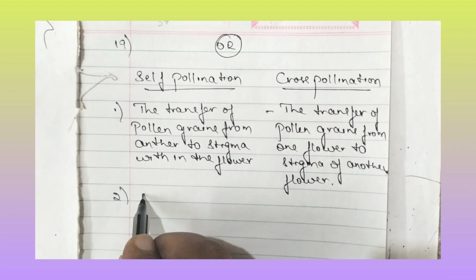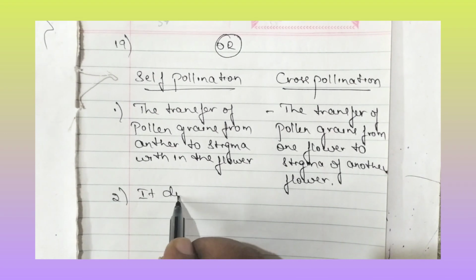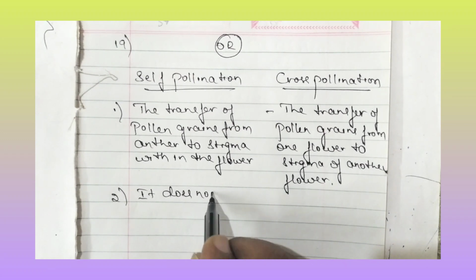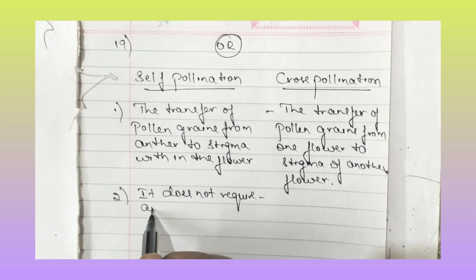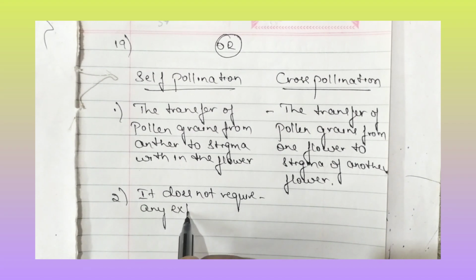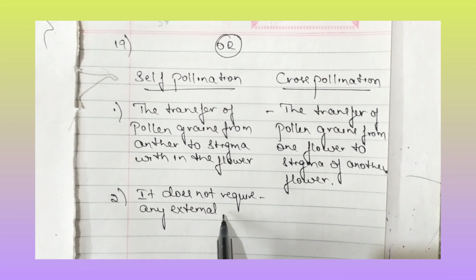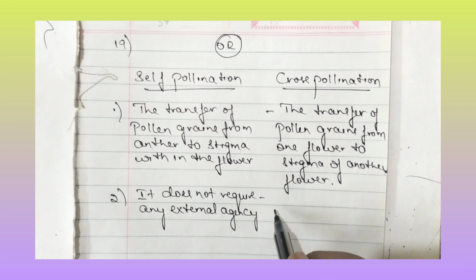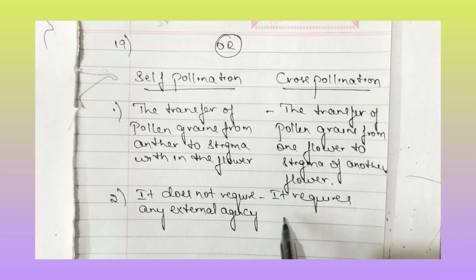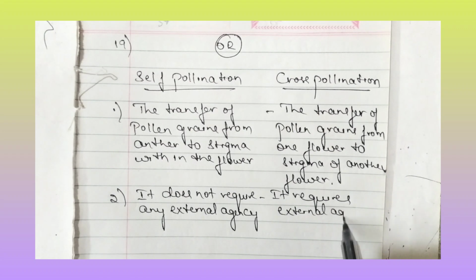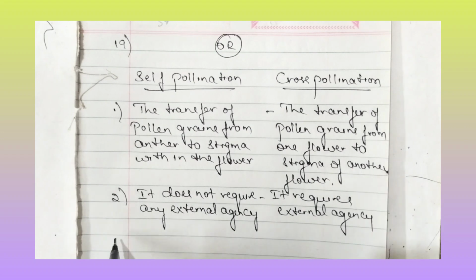Then the second difference is that self-pollination does not require any external agency such as water, air, birds, humans, etc. Cross-pollination requires external agency.